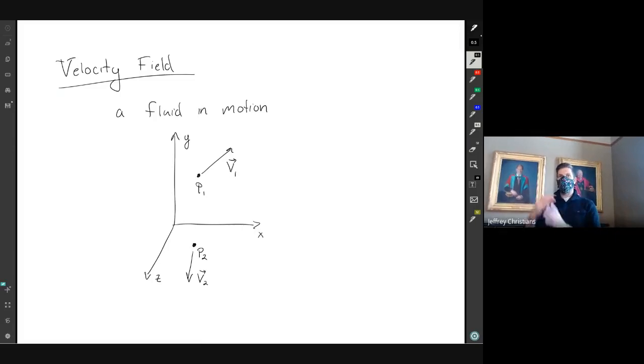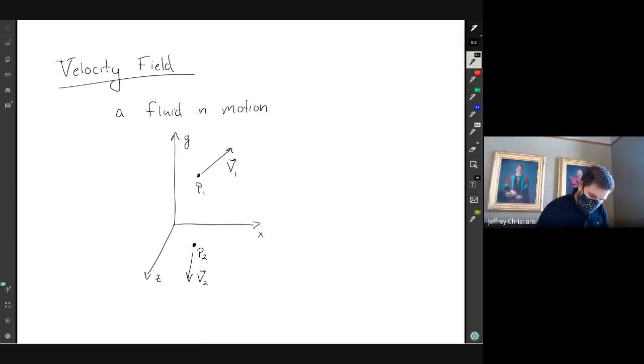If we wanted to characterize the motion of the fluid as a whole, we would have to know every individual particle and how fast and in what direction it's moving at that given instant, right? We would need to know the entire space. We would need to know velocity for every particle.